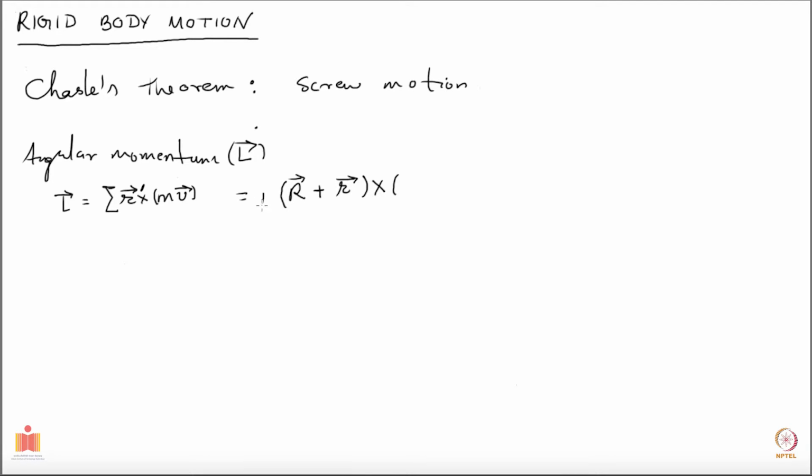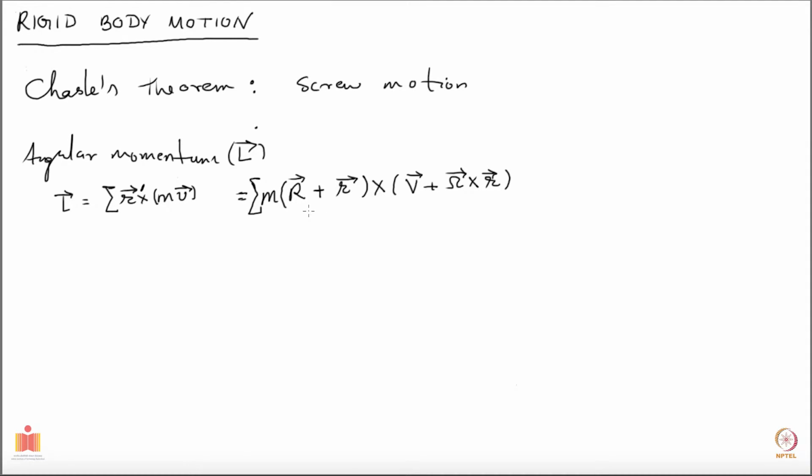Maybe I'll pull out the mass m here, and the velocity of a generic point is V plus omega cross r, right? That's what we have already seen, where V is the velocity of the origin of the body, and here is our summation over all the points in the body.